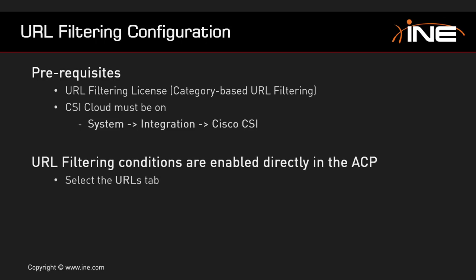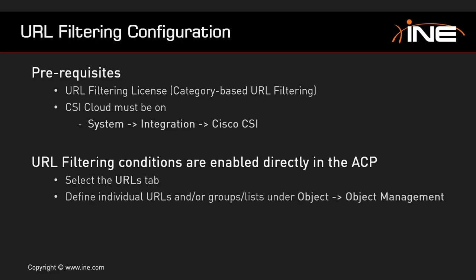Now, the way that we will use this feature, this engine, is that we will have to build our rules in the access control policy. It is going to be this additional tab, URLs tab, where we will select the URL conditions. If you plan to use manual filtering, you will have to define those URLs inside of objects of type URLs, or as we will see, it is also possible to do it directly from the policy.